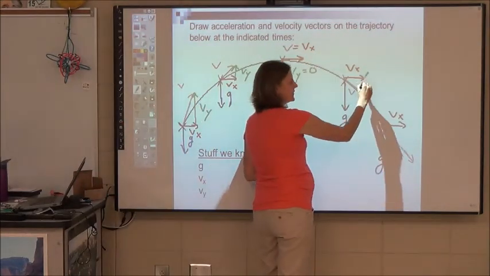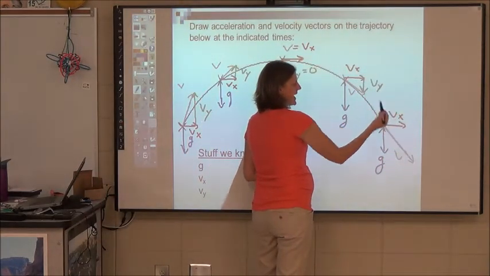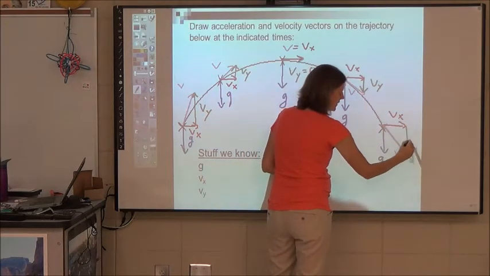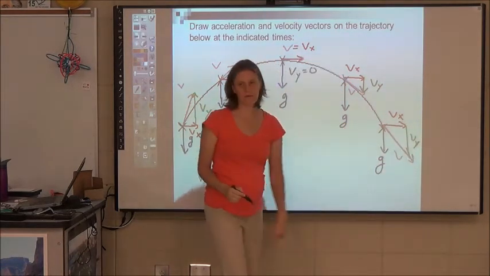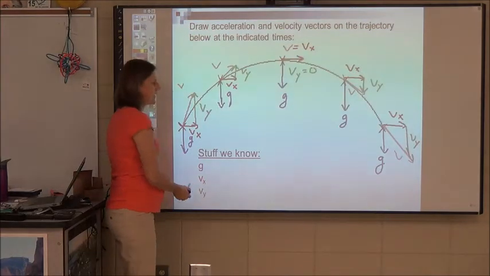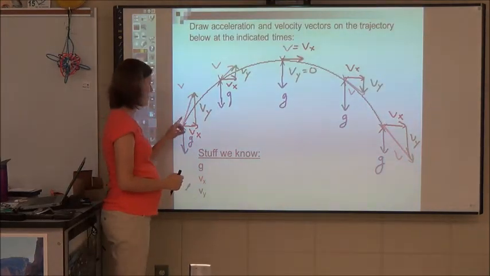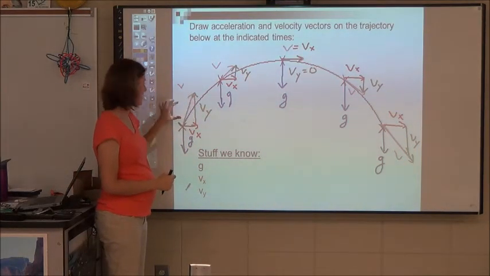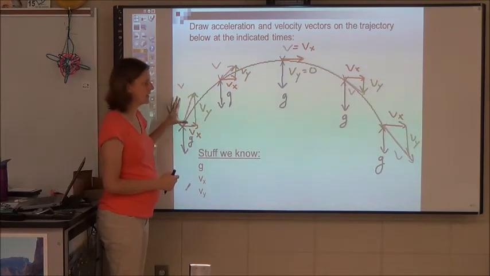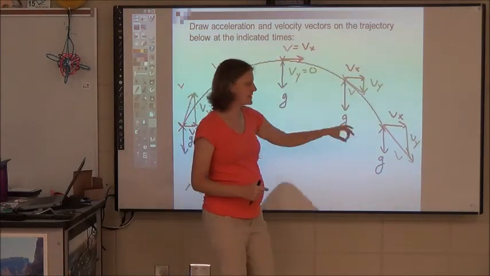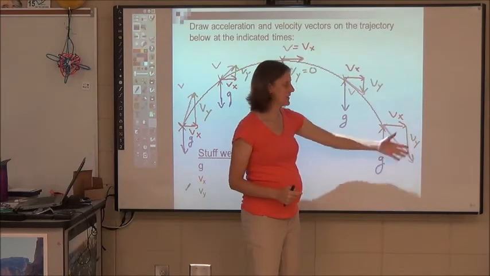It falls back down, so Vy reverses directions. Now it is down, and of course, the largest value at the end. Again, these are symmetrical, so the vertical velocity that is up at the very beginning has the same magnitude as the vertical velocity that's down at the end.